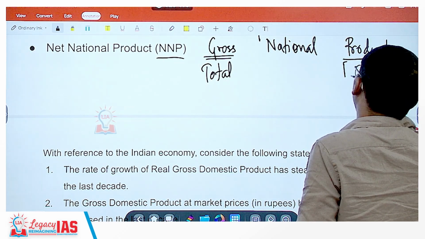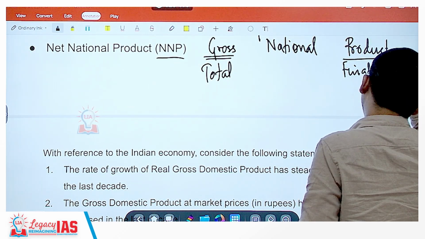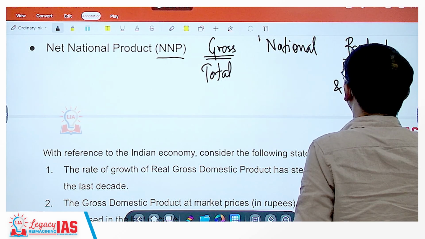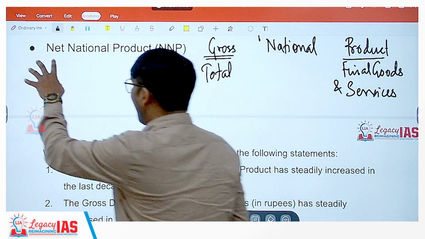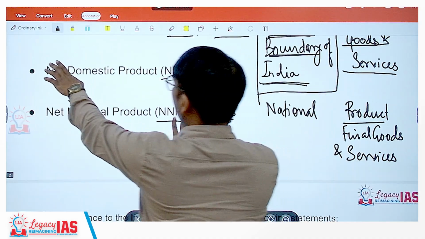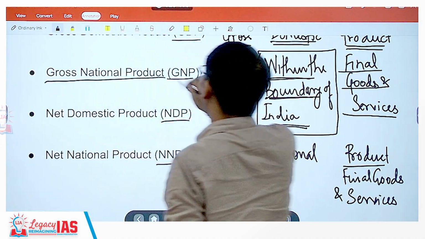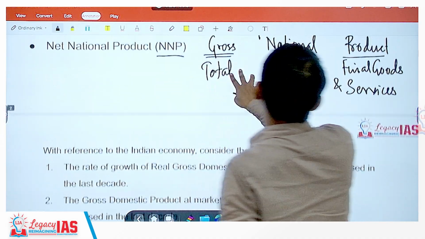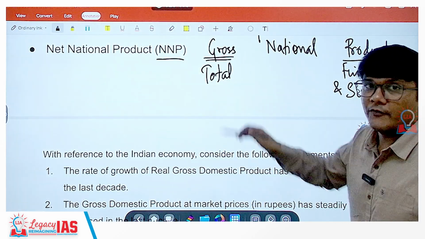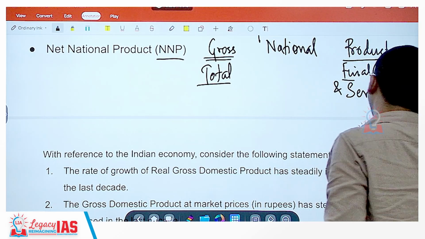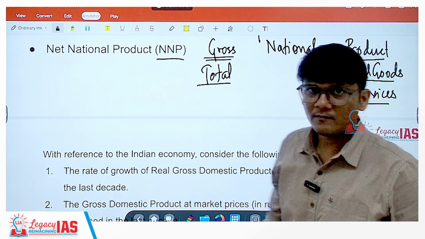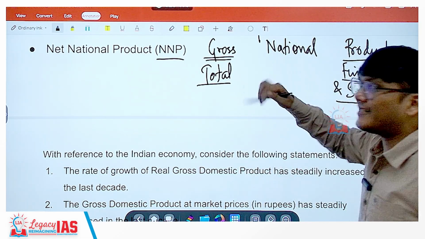Product is nothing but the final goods and services. So GNP, that is your gross national product, will be the total value of final goods and services. Here, instead of domestic, it is national.